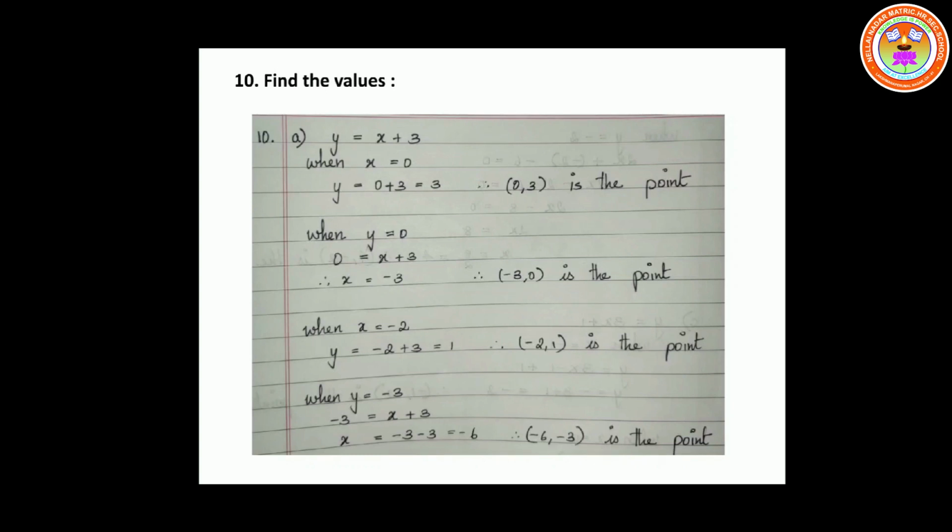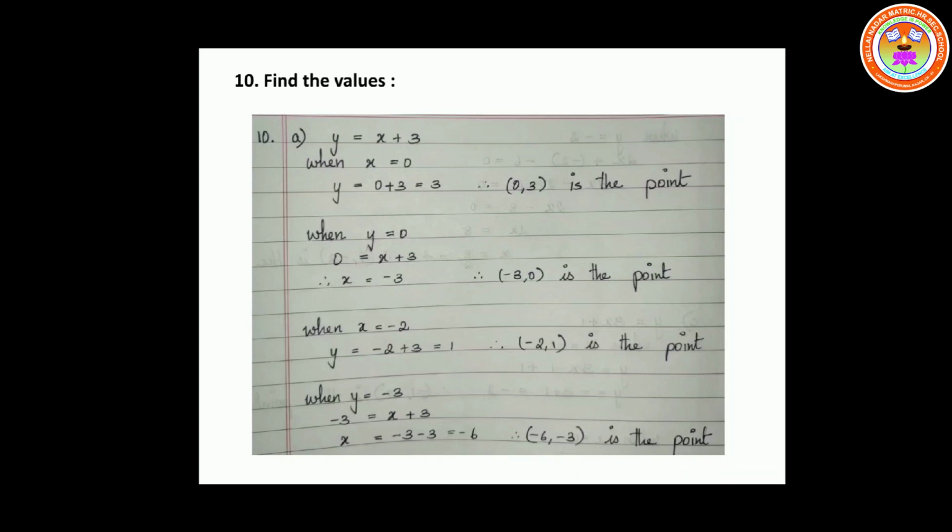When I substitute x is equal to 0 in y is equal to x plus 3, it becomes y is equal to 3. Therefore 0 comma 3 is the point. So when x is 0, y is 3. When y is equal to 0, what happens? 0 is equal to x plus 3. Therefore x is equal to minus 3. So when y is 0, x becomes minus 3.